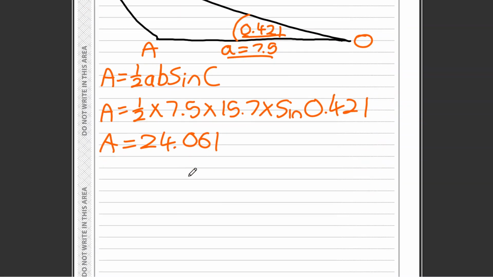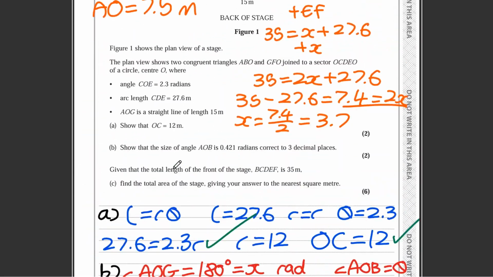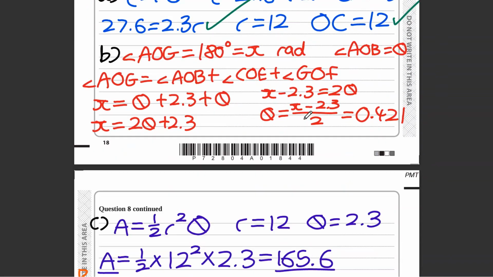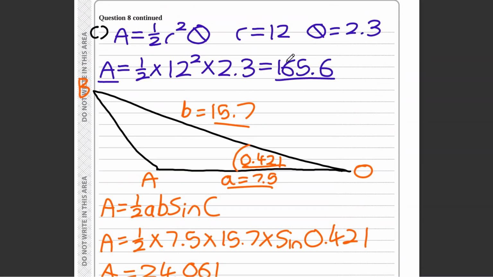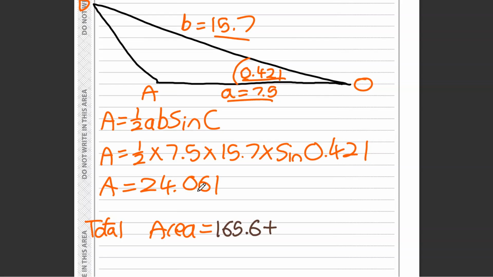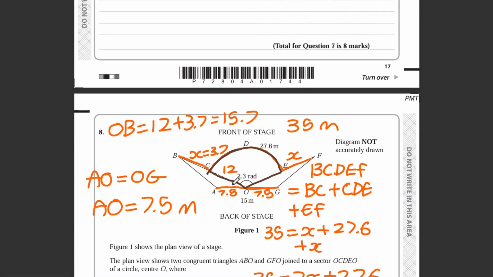Okay, so the total area of this entire shape is going to be this sector here, which we figured out is 165.6, plus the area of these two triangles here.